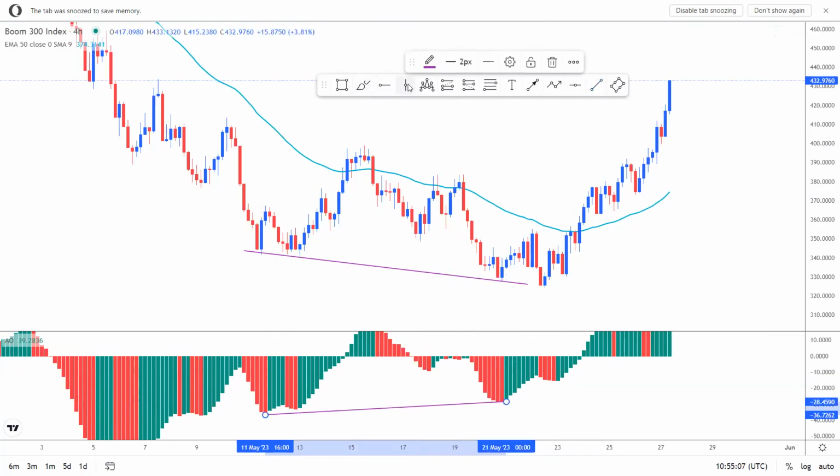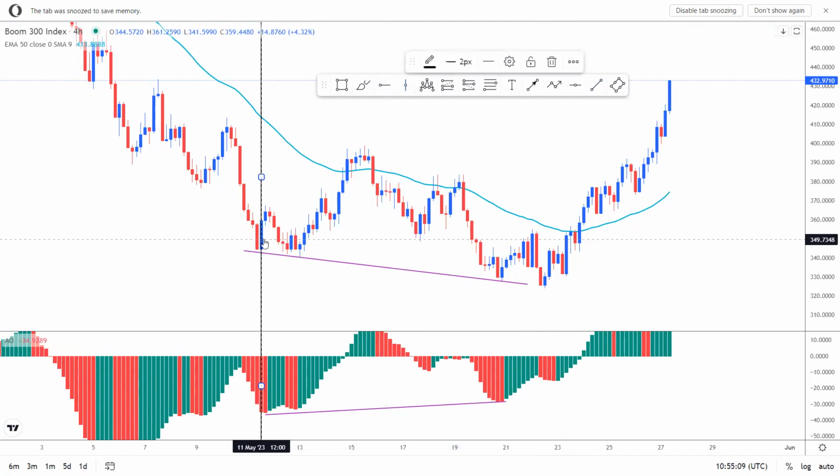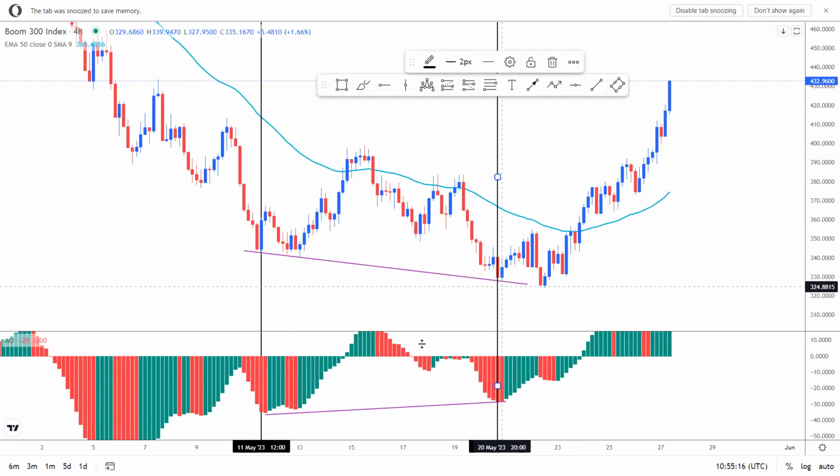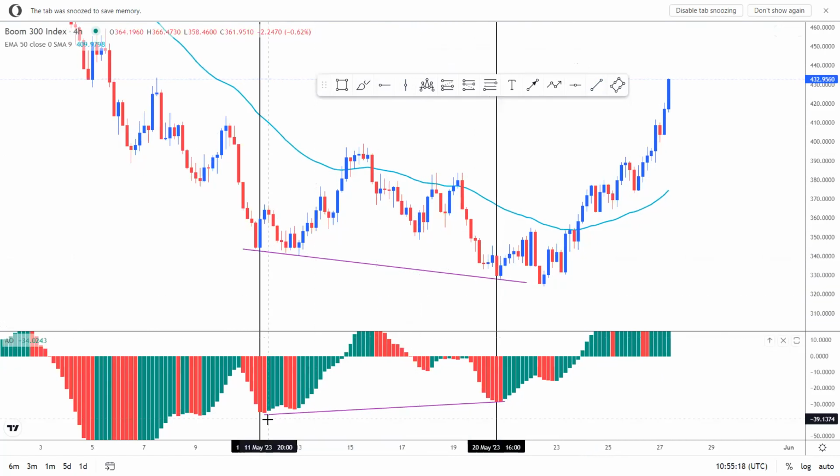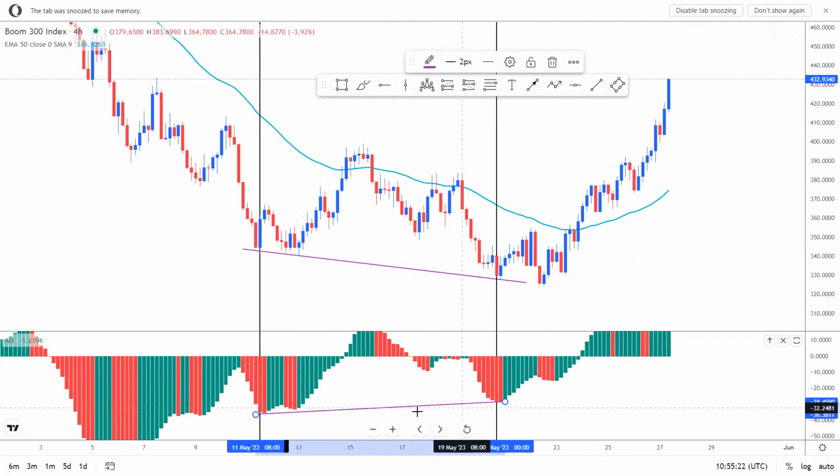As you can clearly see, we are having to see price from the 4-hourly time frame give us what? A lower low. And then what? The awesome oscillator doing the opposite, giving us what? A higher low, which is a clear case of what? A bullish divergence, like I stated not quite long.